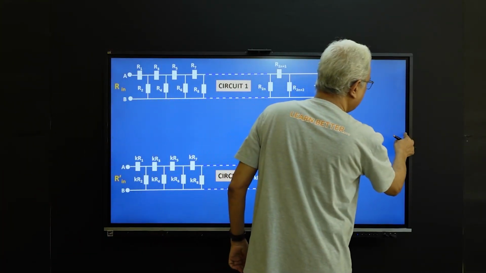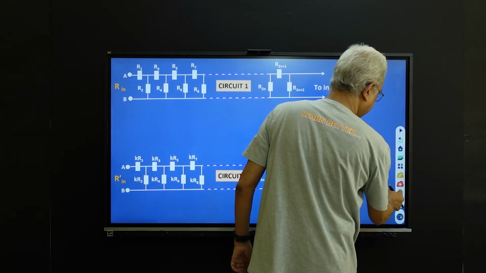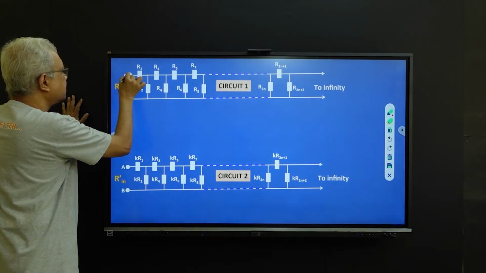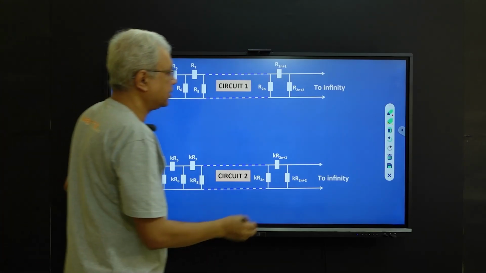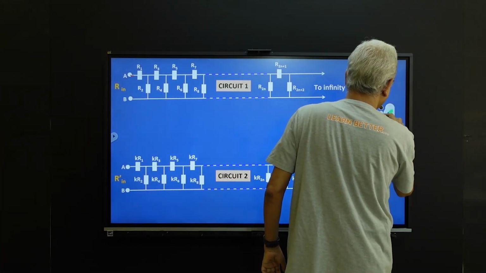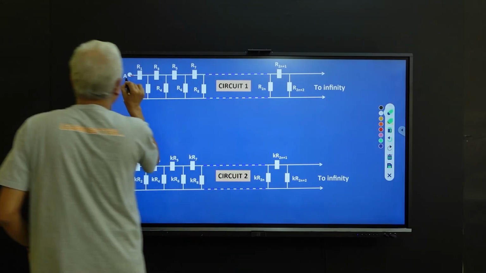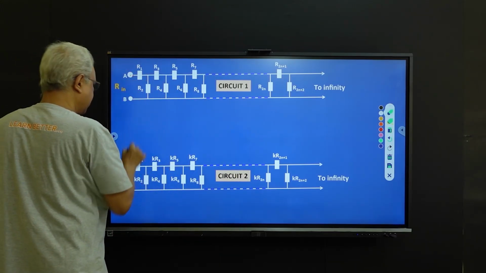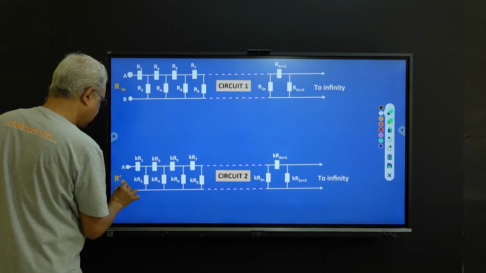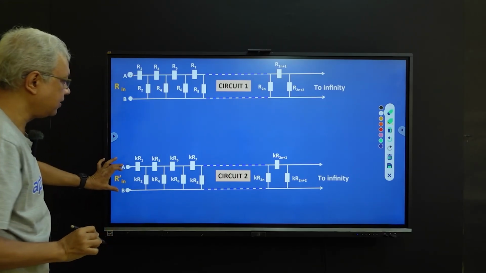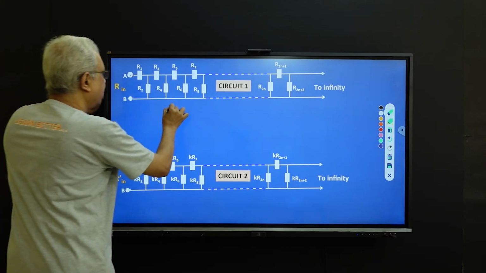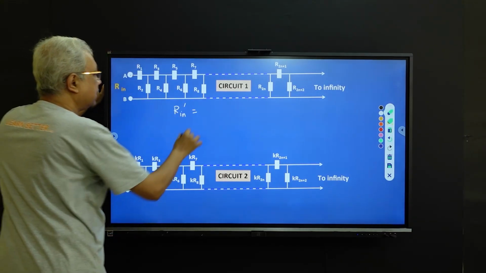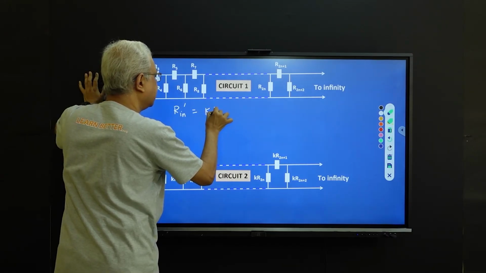So in this circuit, what will happen? If this is the input resistance, or the equivalent resistance between A and B, and R dash is the equivalent resistance between A and B in circuit 2, then definitely R in dash is equal to K times R in.